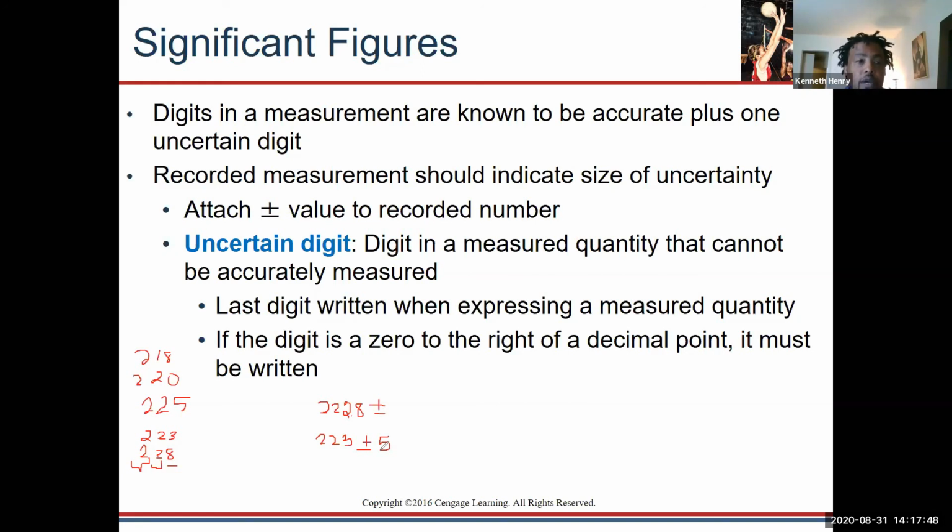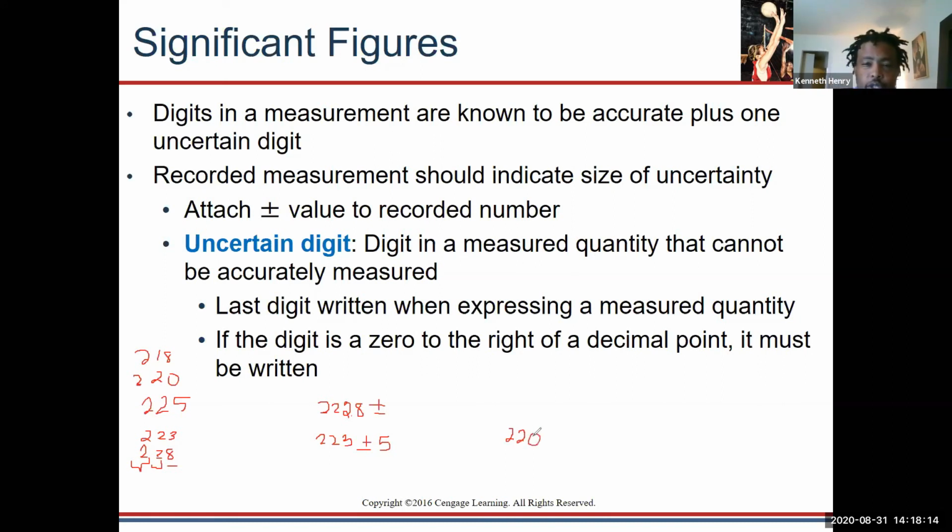So what am I going to do? Let me show you another way. Because we're uncertain about that last figure, we can say this figure here is totally uncertain. That one spot is uncertain. So since it's a 3, I can just say 220.